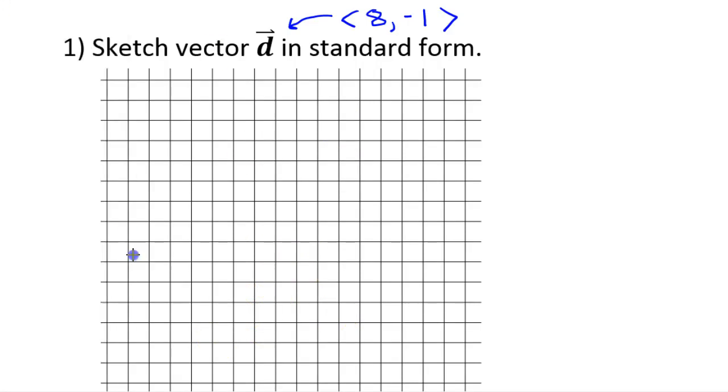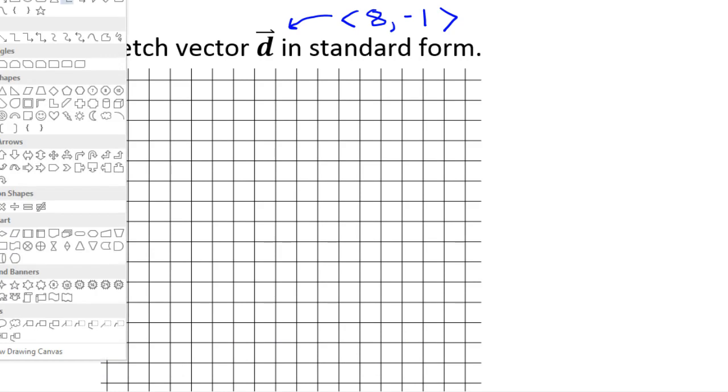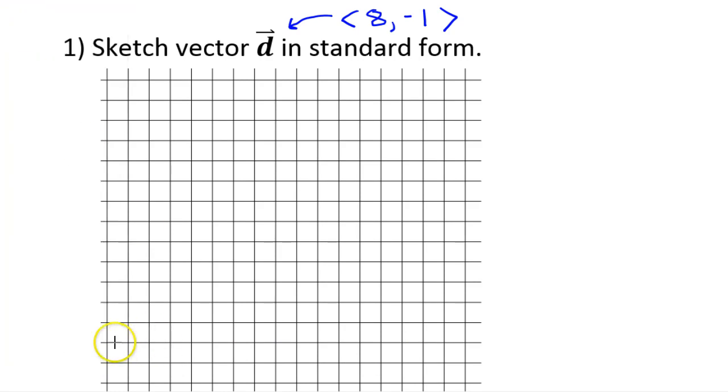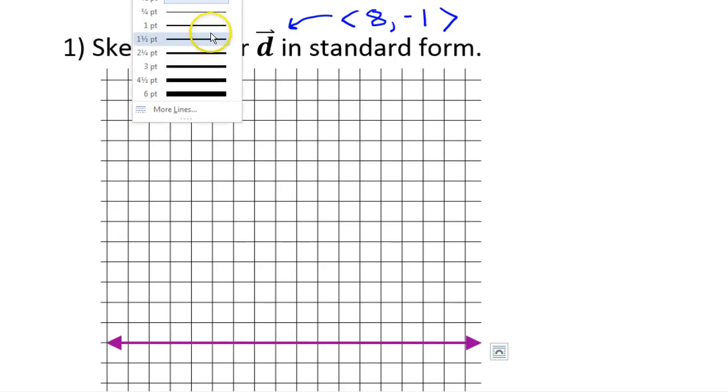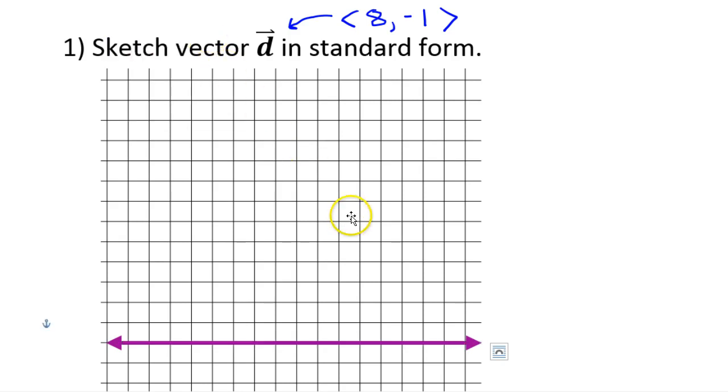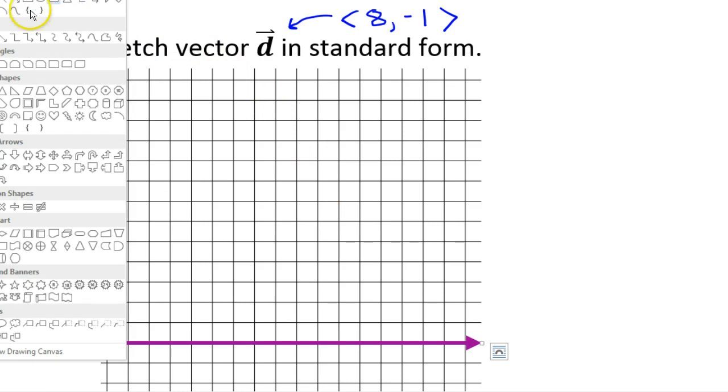So that's going to be my first order of business. Alright, so this will be my x-axis. I think I'll make it purple. This will be my x-axis, and here comes the y-axis.